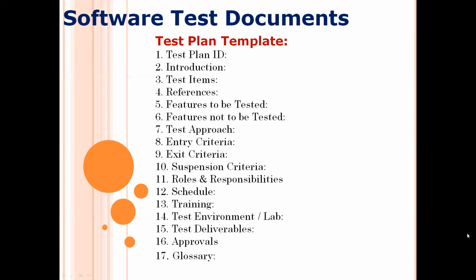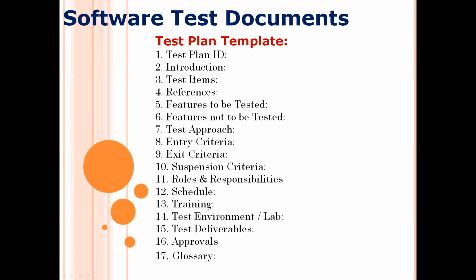Test plan ID: some type of unique company generated number to identify this test plan. Next, introduction. Describe the purpose of the plan, possibly identifying the level of the plan. Next, test items.